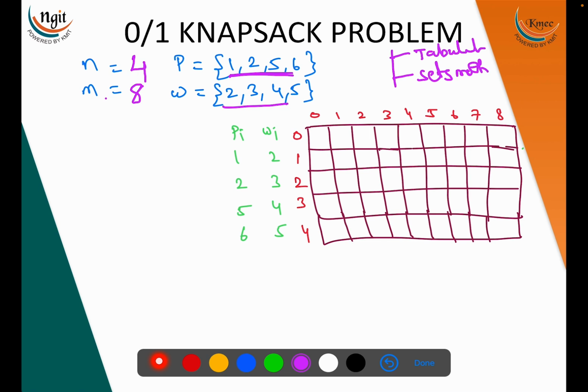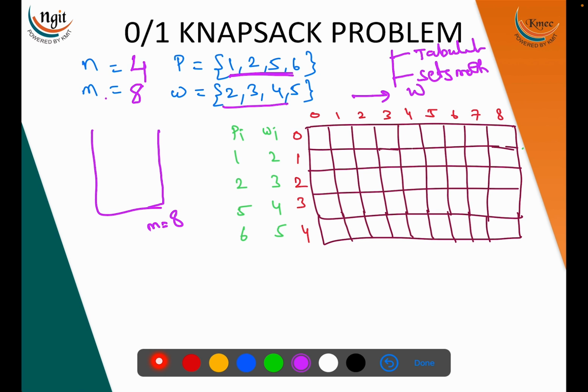Now I'm taking a table. I'll tell the use of this table also when the time comes. Here in this table, the way I'm keeping all the items, these are weights. Because when you look at the bag, all 8 kgs of weight we will not keep inside the bag at once. We'll keep inside the bag step by step.